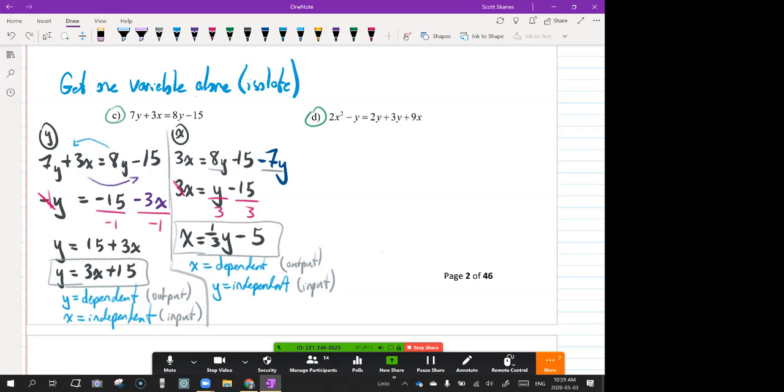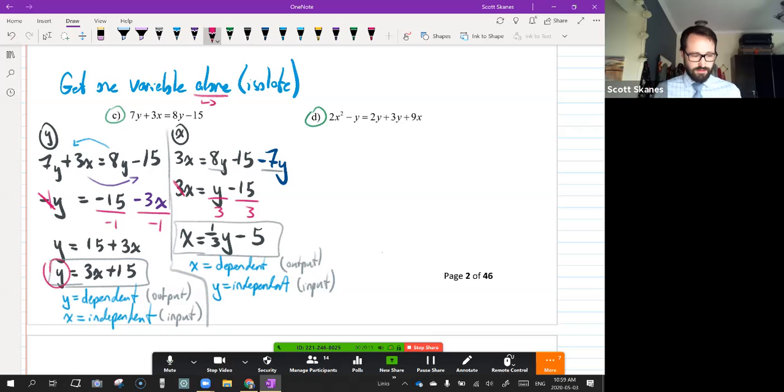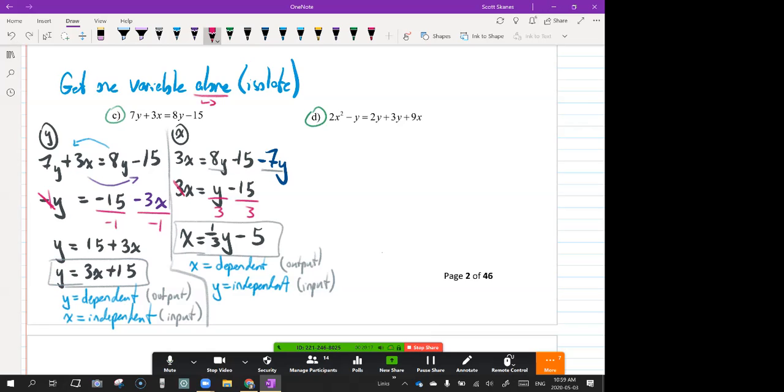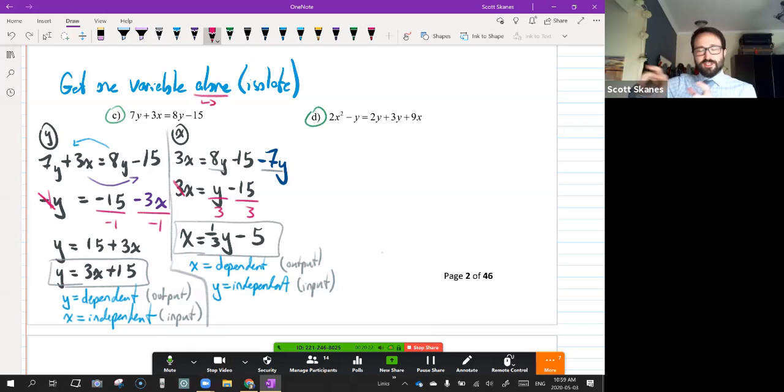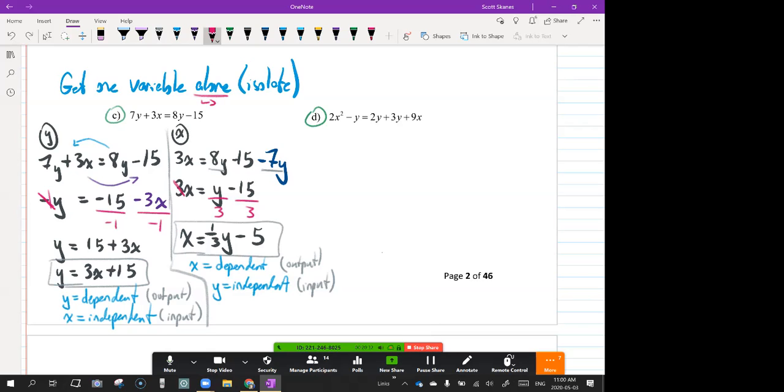Yeah, but y is alone too, on this side. Right? So it depends. Depending on how you solve it, it can be either one. If you solve it for y, then y is the dependent. If you solve it for x, then x is the dependent. Okay, got it? Yes.